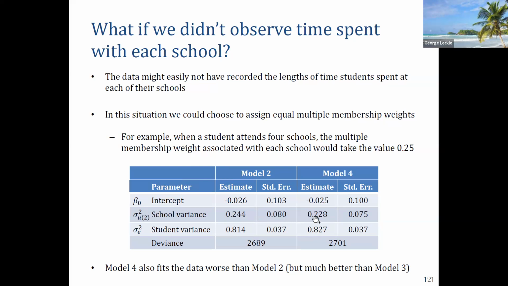Part of the reason for that is whilst I simulated random proportions of time in each school, they were averaging around a quarter. So that's partly why it's not such a big change. So there's a bit of measurement error. I've underestimated the school variance as a result, but actually it wasn't such a naive assumption for these particular data.